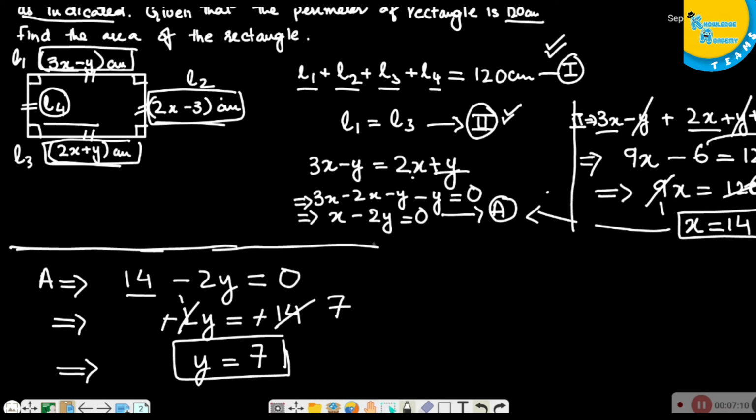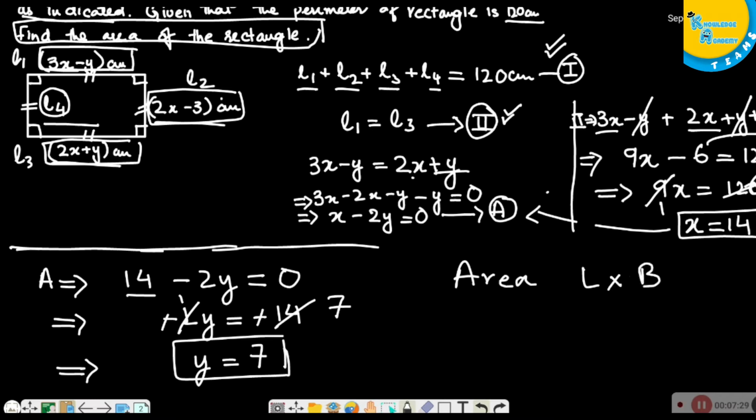Now our requirement is to find the area of the rectangle. We know that area is length into breadth. So first I'm going to find the measurements of any two sides, L1 and L2, and then I will multiply them to get the area.